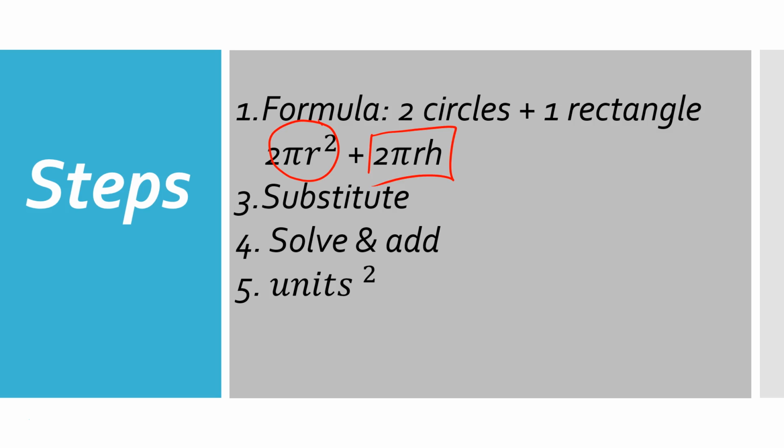When you're writing this, be very careful. Make sure that you're writing that as r squared. That means it's a little 2 above the r, but the ones out front are just regular sized 2. R squared means r times r. And these are numbered wrong.